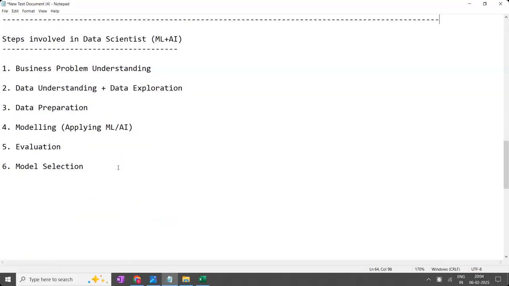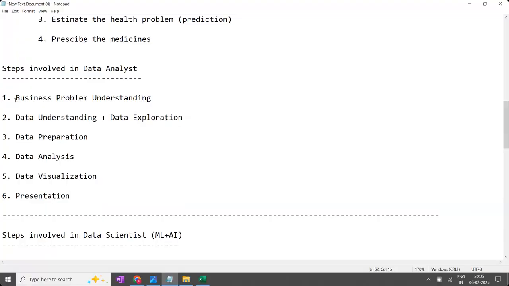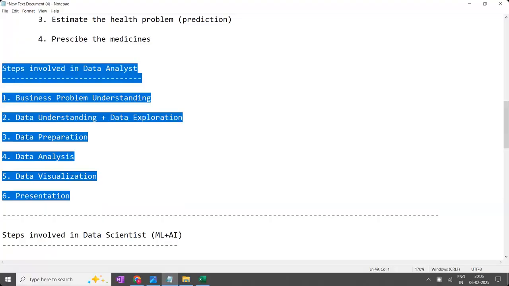Now, which one has more jobs in the market? If I have to answer the question related to jobs, to my knowledge, more jobs for freshers are there with the data analyst role, when compared to data science. In data science in particular, they are looking for experienced candidates, so you have to add some kind of experience.